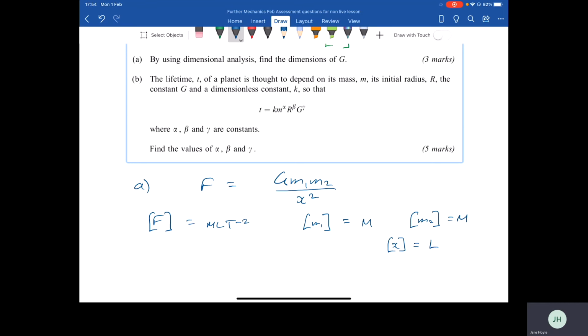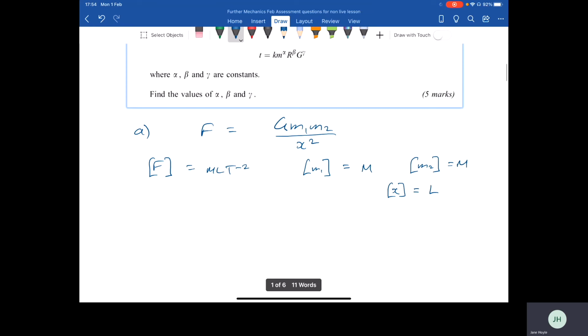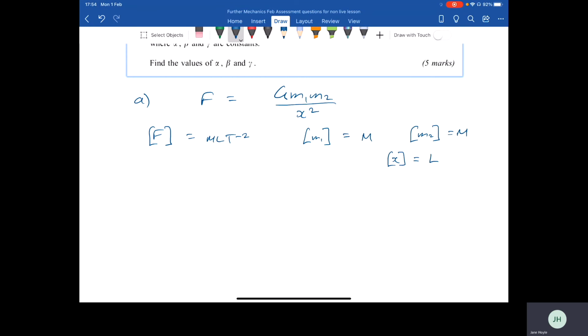So the dimension of X is L. Of course, I'm going to be dealing with an X squared there. So then it's effectively substituting in, isn't it? So if I consider what's going on with the dimensions, I'm going to rewrite my F equation. Oh dear, sorry, dimensions.